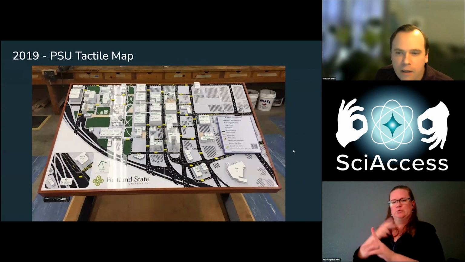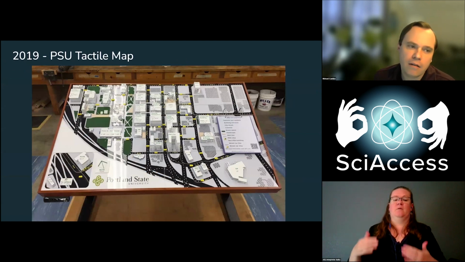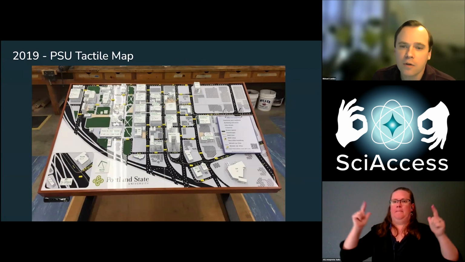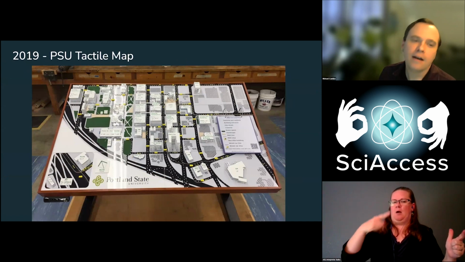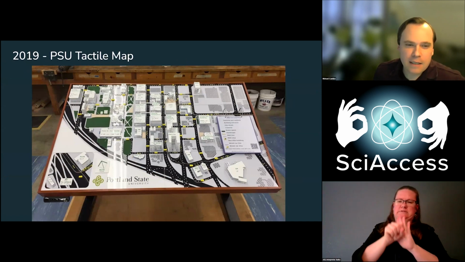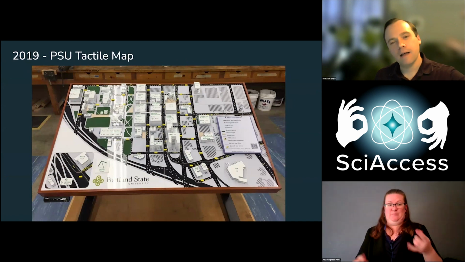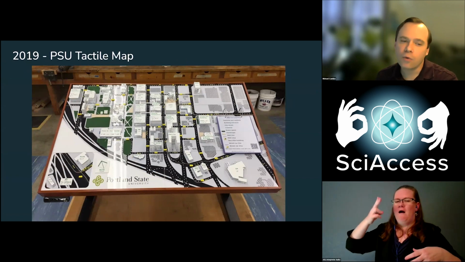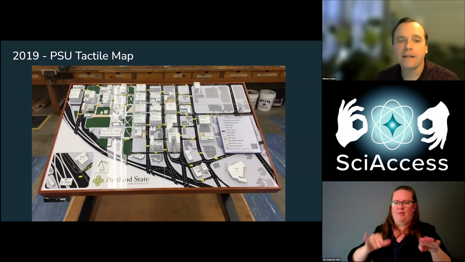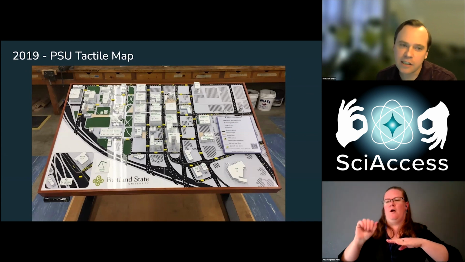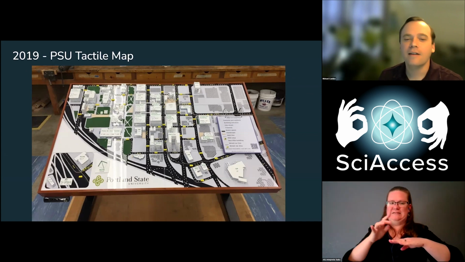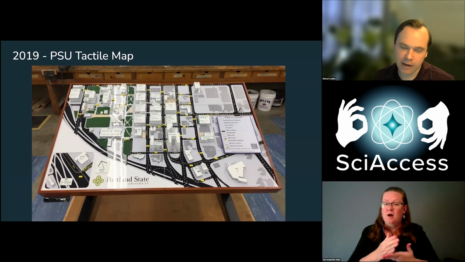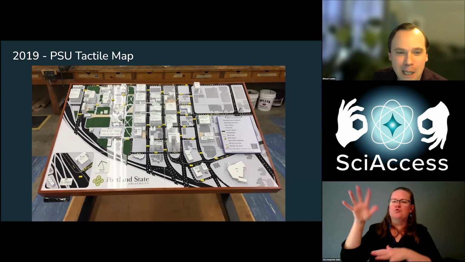And in the following year, I was asked to make a large-scale tactile map for Portland State University. So that's what's up on screen here. This map has a high contrast print layer that's mounted beneath some clear acrylic that's been laser cut and etched to show things like streets and bus stops and green areas, lots of different elements here.